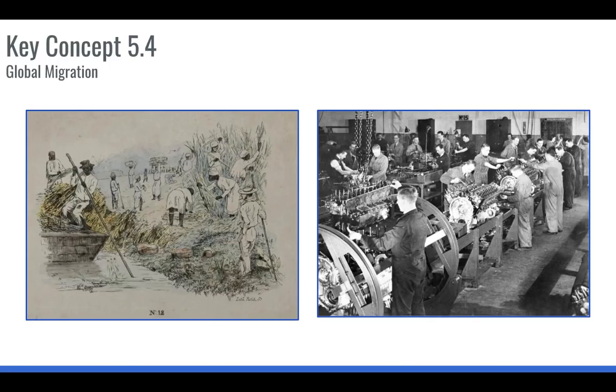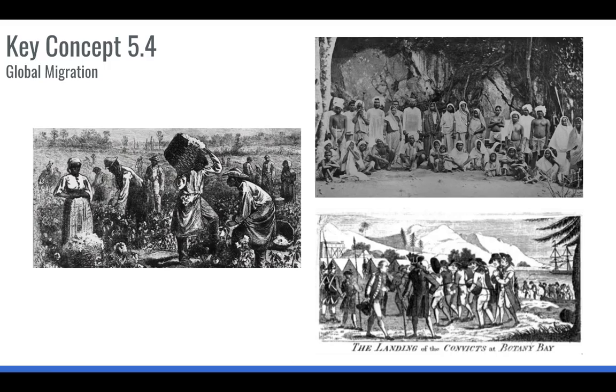But this also included people in specialized professions, people who would migrate, say, from Europe to American cities to work in factories. The new global capitalist economy continued to rely on coerced and semi-coerced labor migration, though, in this time period. And even though slavery comes to an end in this time period, it does last into the time period.